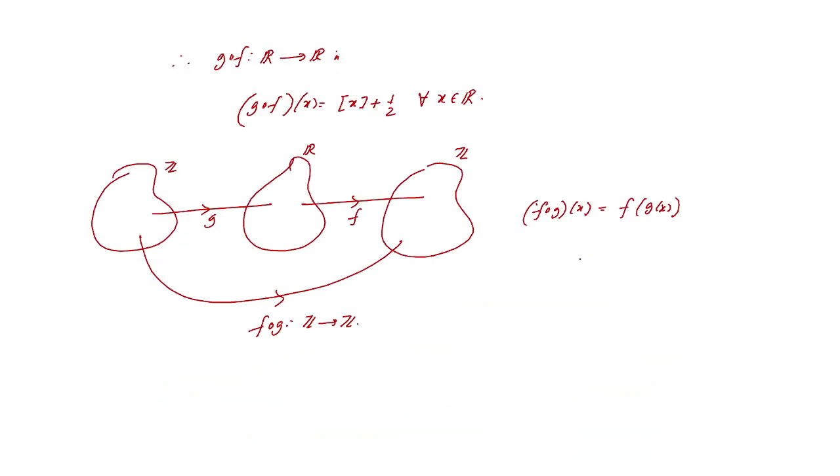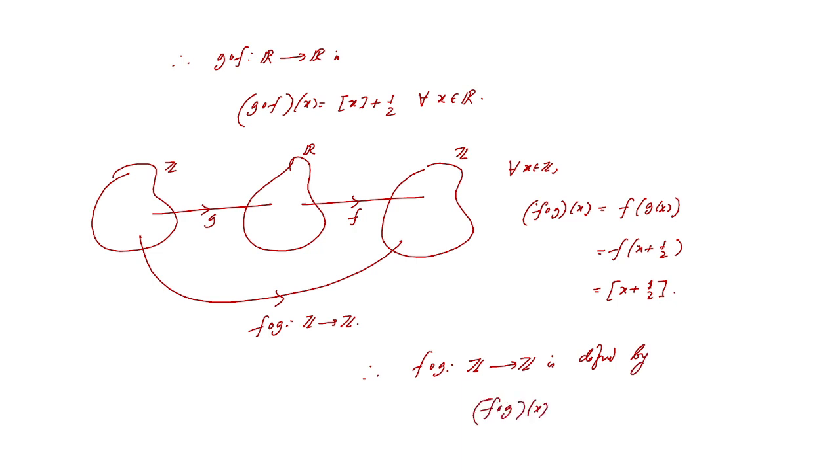This will be x plus half. So f of x plus half. f(x) is floor of x, so this will be floor of x plus half, where x is an element of Z. Therefore f composed g: Z to Z is defined by f composed g of x equals floor of x plus half, for all x belongs to Z.